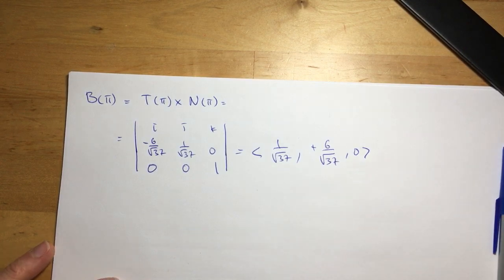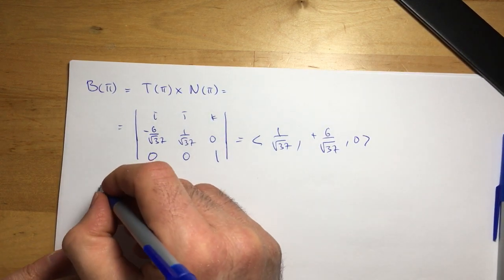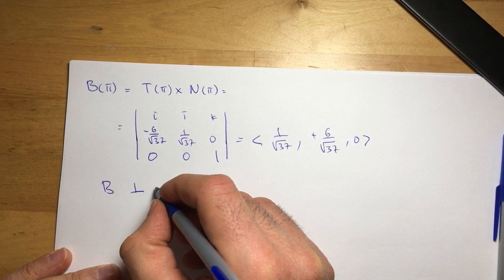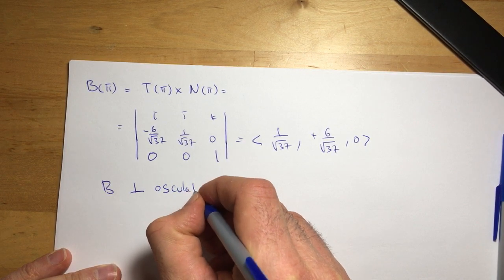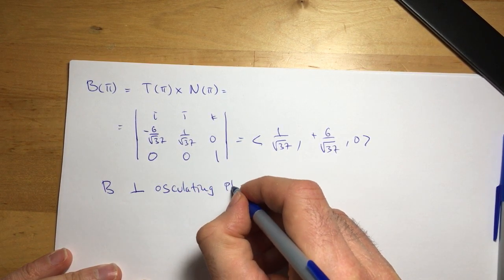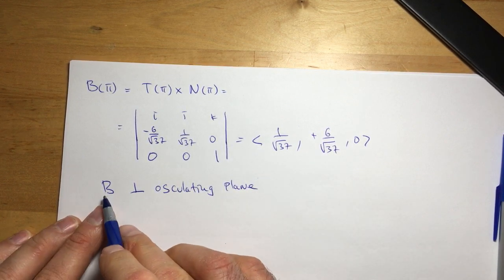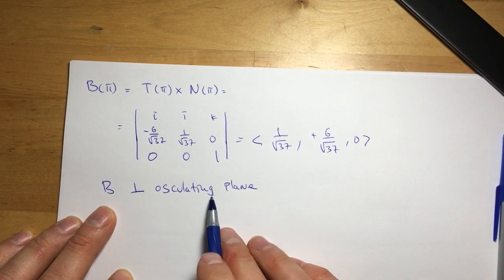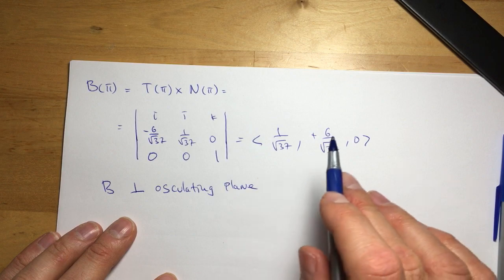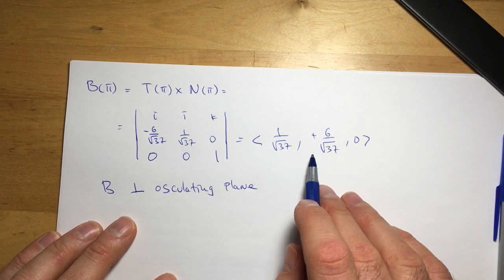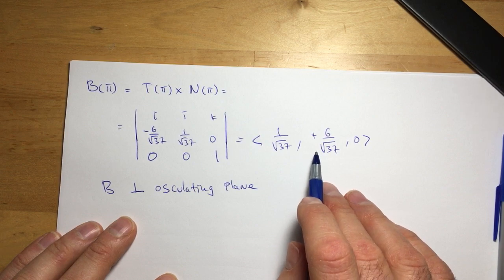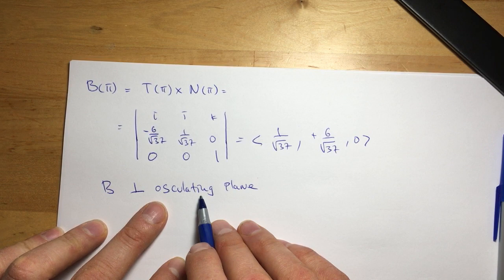Now I'm going to simplify this a little bit. Remember that the binormal vector is orthogonal to the osculating plane. This is the binormal vector. But any vector parallel to this vector is also orthogonal to the osculating plane.